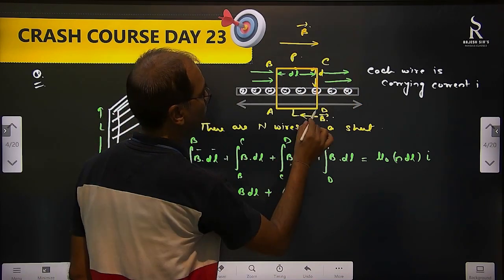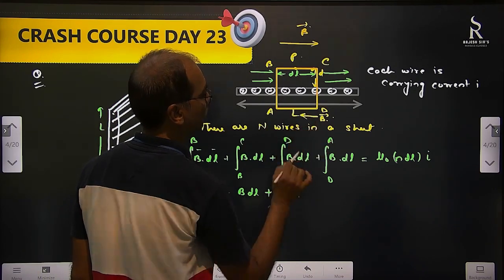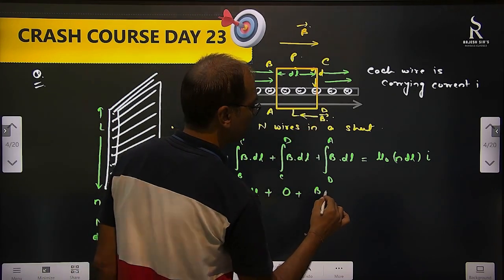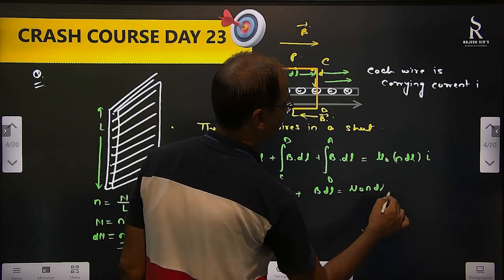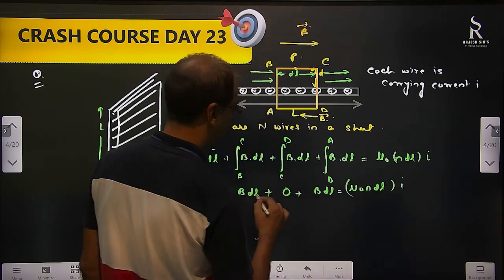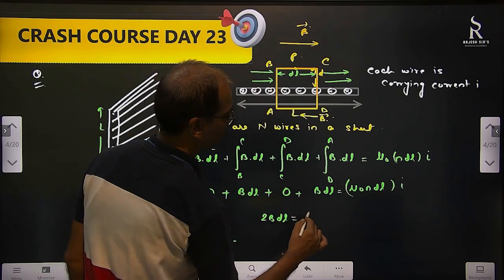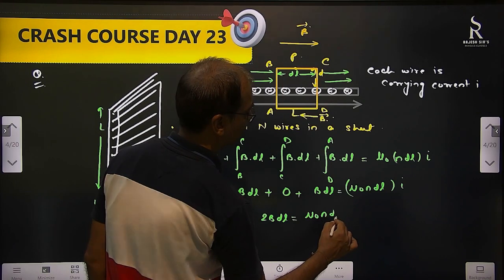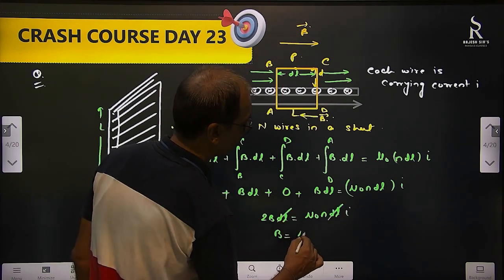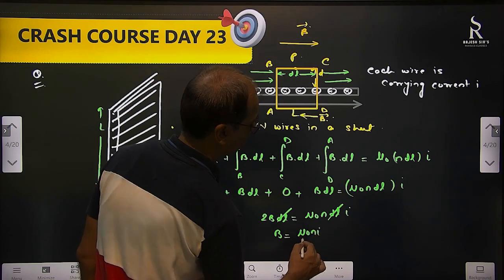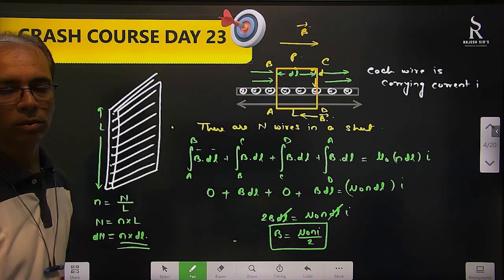Then coming from D to A, the magnetic field is in the same direction, so we write B dl equal to mu naught n dl into I. So we get 2 B dl equal to mu naught n dl into I. The dl and dl cancel, and the magnetic field comes out to be mu naught n I by 2.